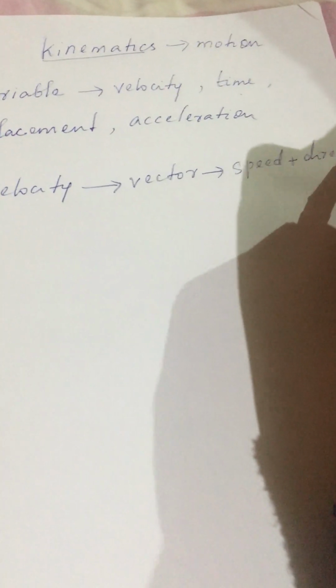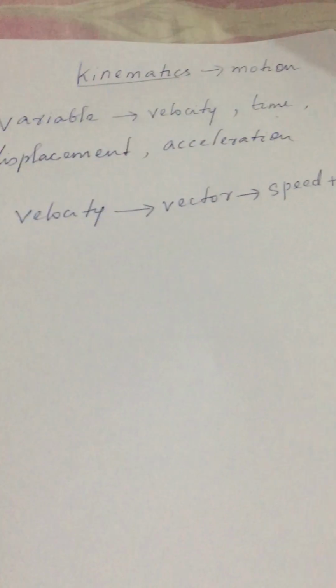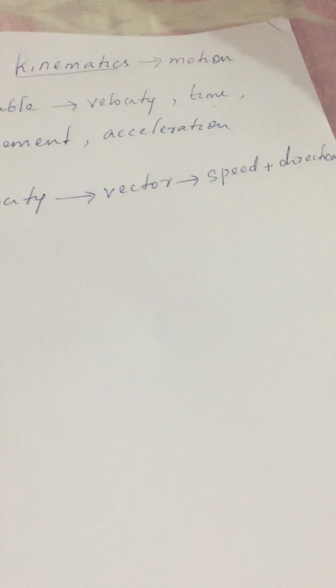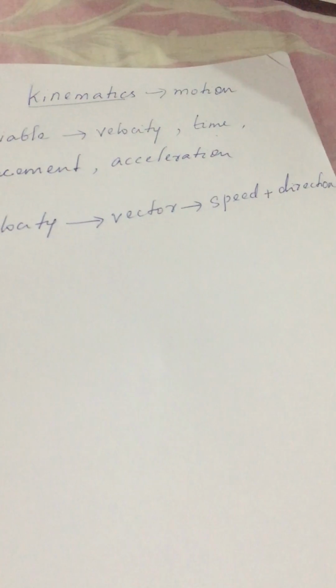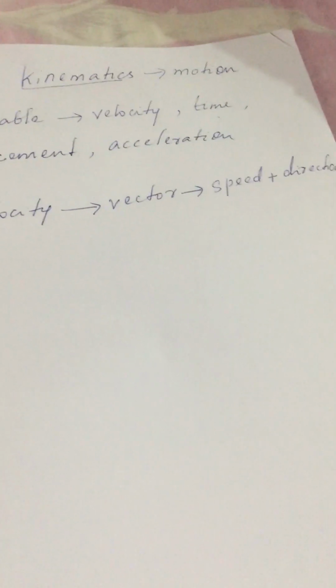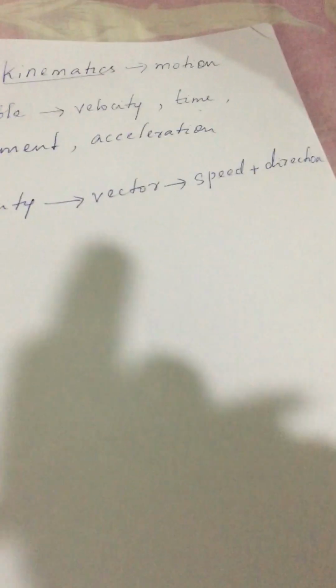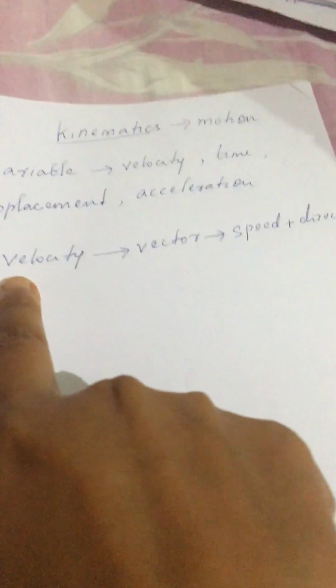Speed is just the magnitude, like 50 kilometer per hour, 60 kilometer per hour, 70 kilometer per hour. But when I say 50 kilometer per hour towards the east, I have specified the direction. So for the complete description of the motion, along with the speed, direction is also needed. So we choose velocity, which gives a complete description.